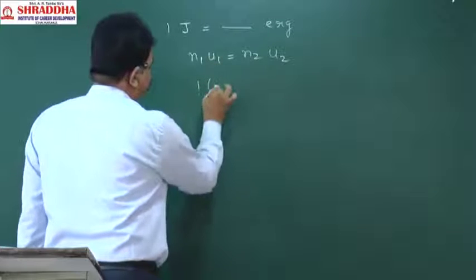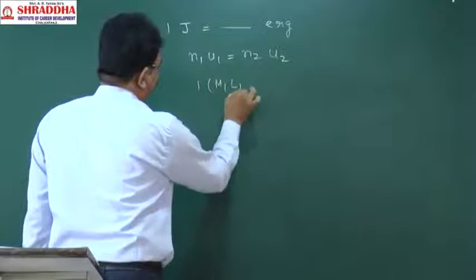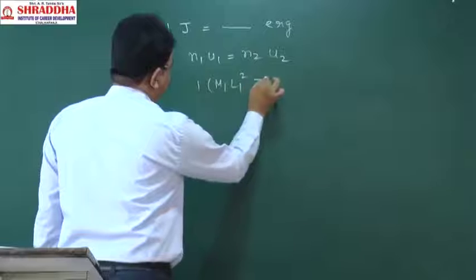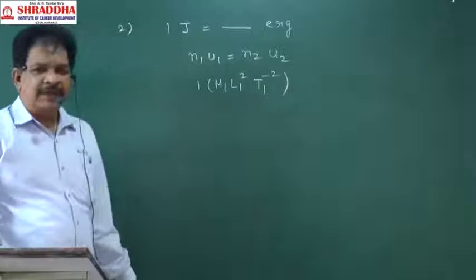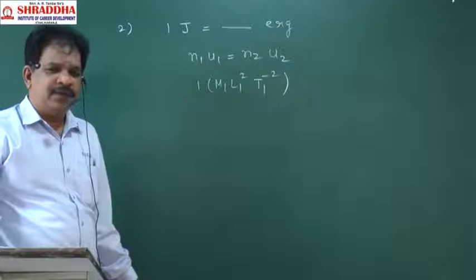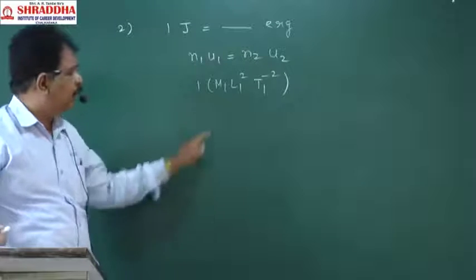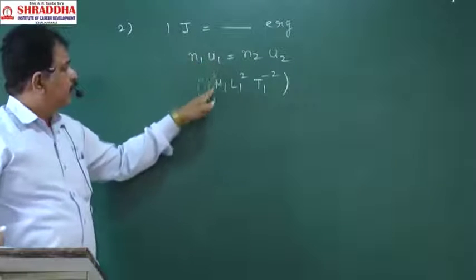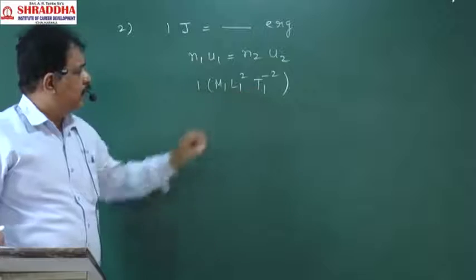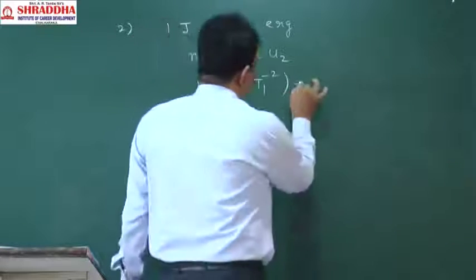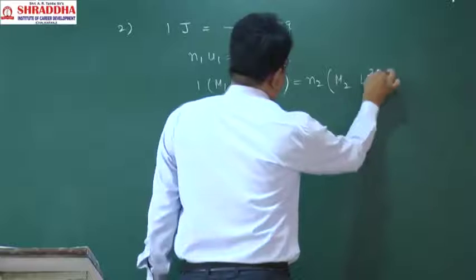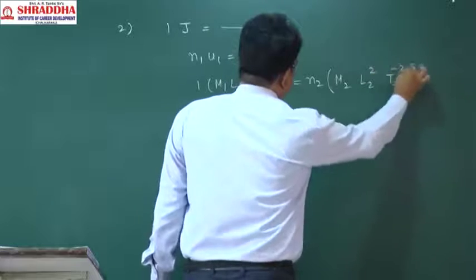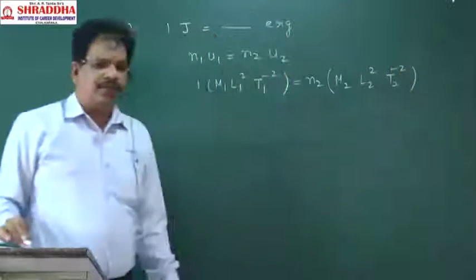Here U1 is M1 L1 square T1 power minus 2. ML square T power minus 2 is the dimensional formula of work. So M1, L1, T1 power minus 2 equals N2, M2, L2 square, T2 power minus 2.